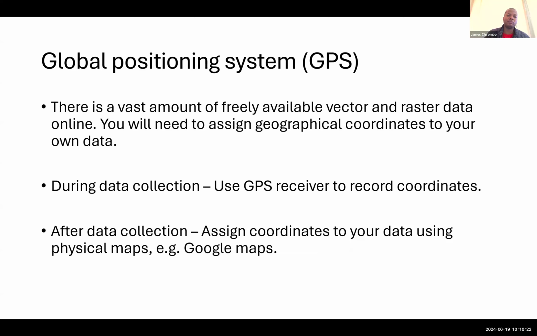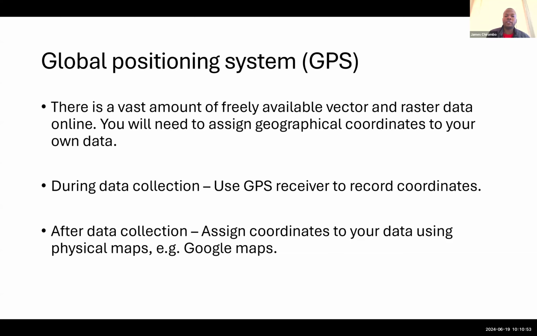The data will cover the entire surface of the Earth. But if you're interested in a particular region, then you have to assign geographical coordinates, basically extracting data from the raster data to match your geographical region of interest. So that's where it's important to have geo coordinates or GPS coordinates to identify your area of interest.